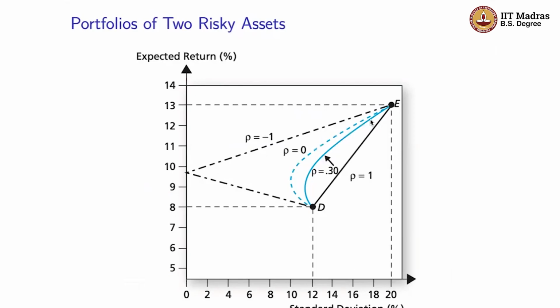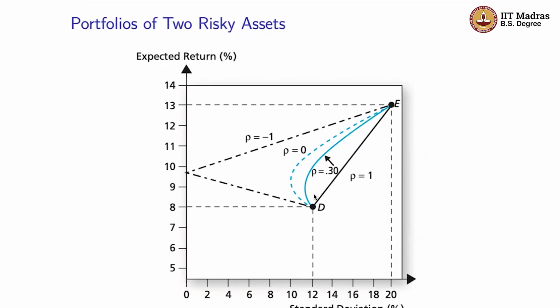Again, in this graph, we have drawn these curves for different values of rho. So for rho equal to 1, you have basically got a line joining this D and E. And basically, as you are changing the weights that you are putting to the different assets, you are just moving along this line. Similarly, for rho equal to -1, these are the graphs.